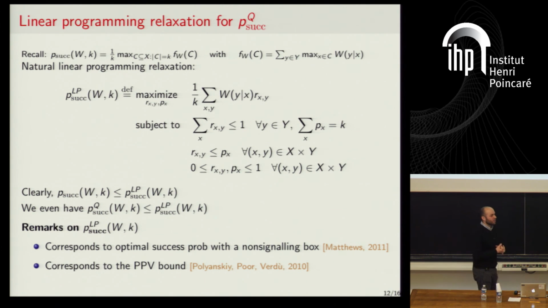This was shown by Matthews. This LP also corresponds to a very well-studied bound known as the Polyanskiy-Poor-Verdú bound, which is used a lot in obtaining finite block length bounds.